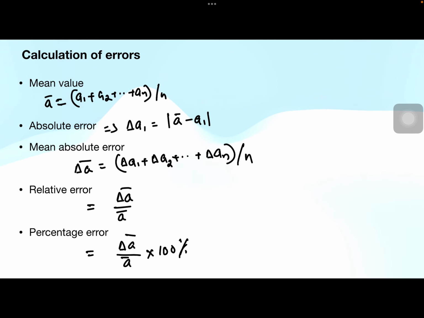Now we can see how to calculate the different types of errors that we just mentioned: systematic errors, random errors and least count errors. Now, the calculation of errors. To find the errors, first of all we take several readings and find the mean or average of all these values.